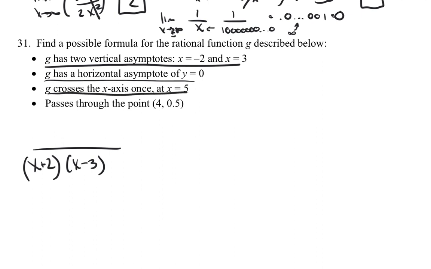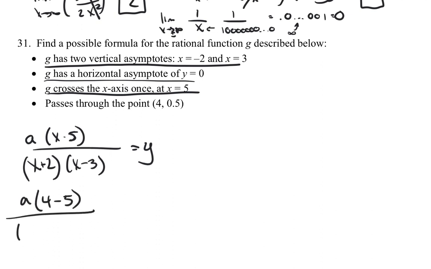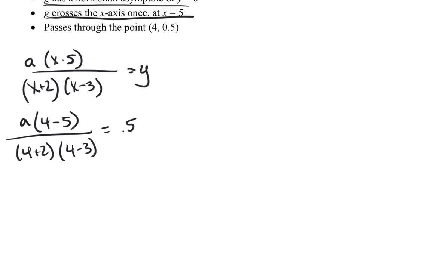The graph crosses the x-axis once at 5, so that means we're going to have a root of x minus 5, and we pass through the point (4, 2.5). So we're going to check that with our a. It's going to be equal to y. So a times (4 minus 5) over (4 plus 2)(4 minus 3) equals 2.5. We simplify that: a times negative 1 over 6 times 1 equals 2.5.